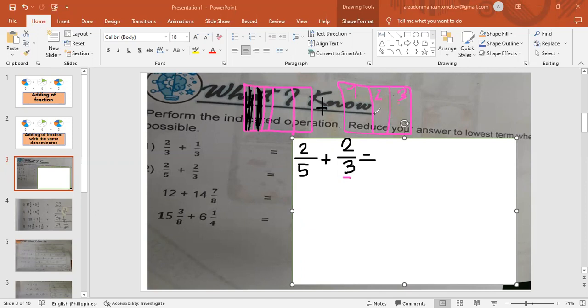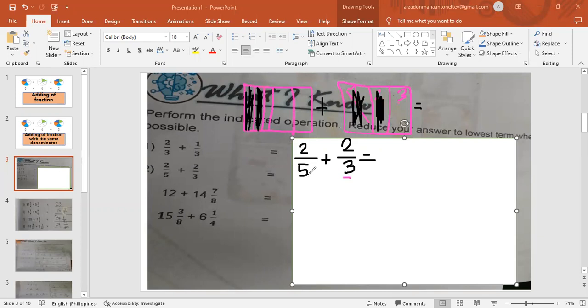But with those 3 parts, we have only 2 shaded parts. So let's shade 1 and 2. Okay. So what are we going to do? We cannot.